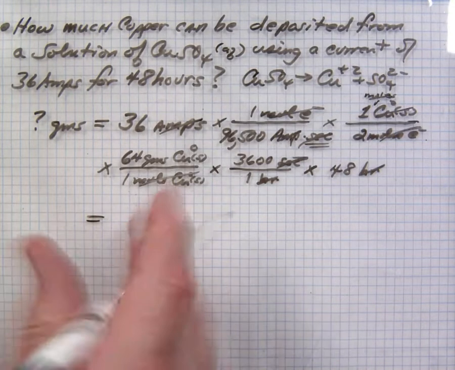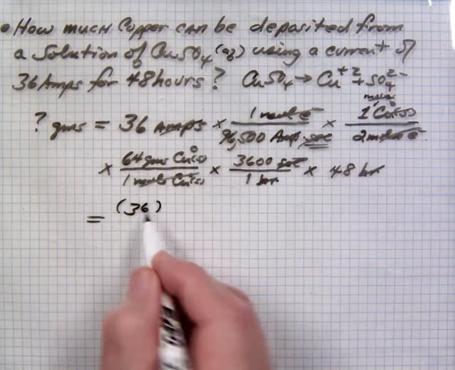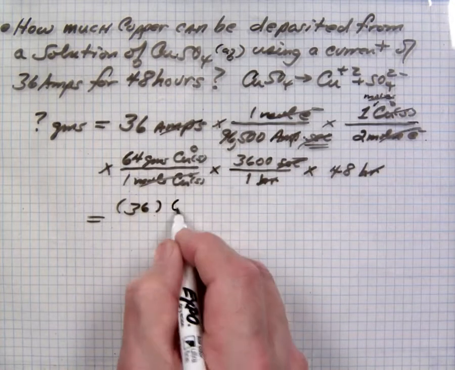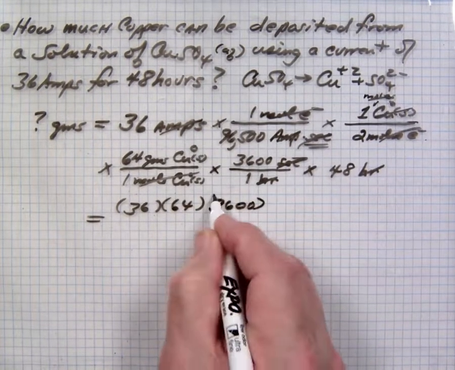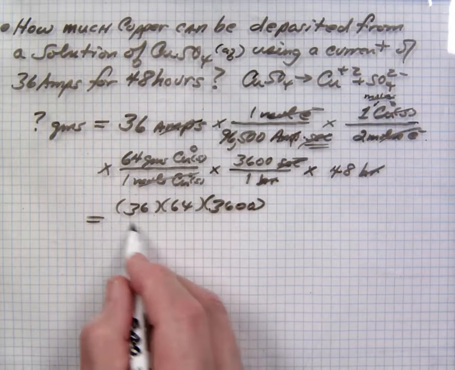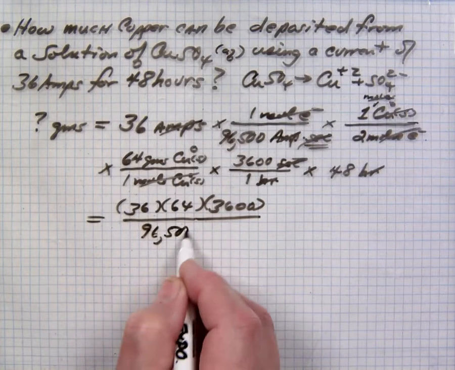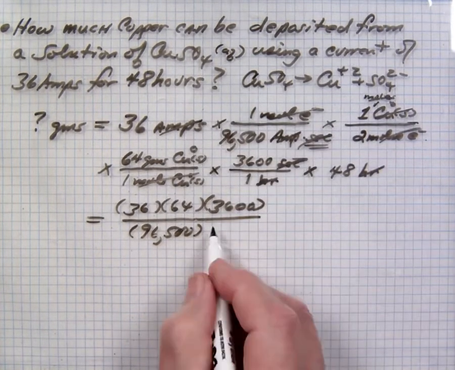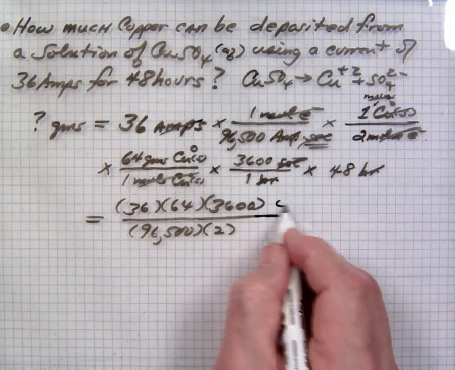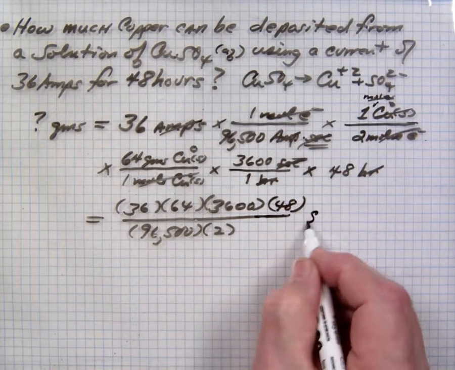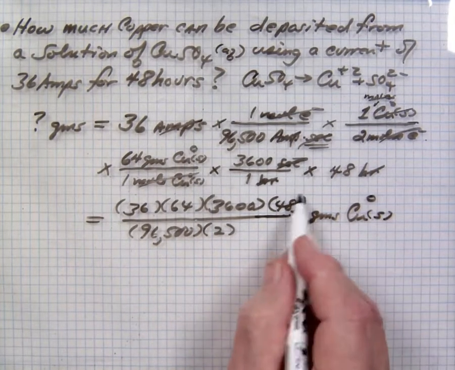So we can reduce this to 36 times 64 times 3600 divided by 96,500, right there, 2, and then multiply everything by 48, and then we'll have grams of copper over that period of time.